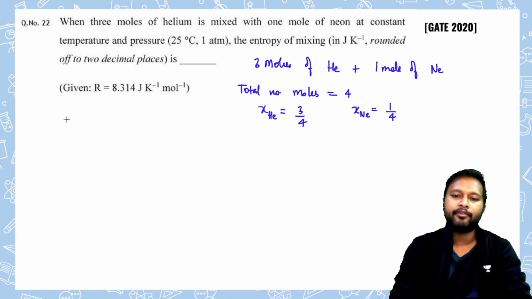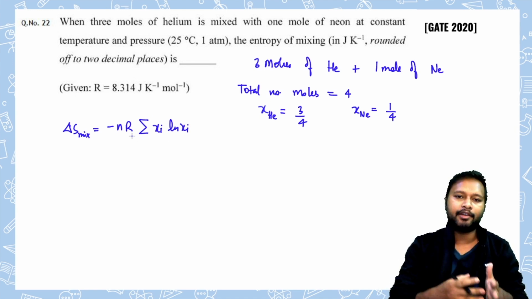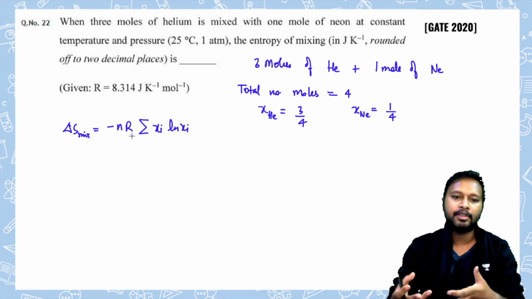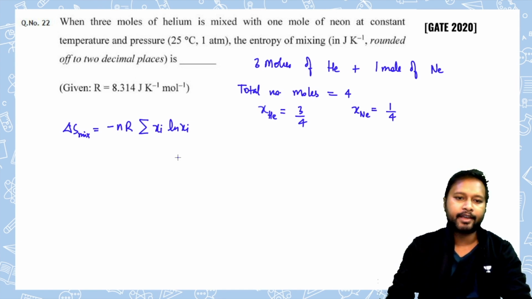Now if you put it in the formula to calculate entropy of mixing, that goes like delta S of mixing is equal to minus nR sigma xi ln xi, where xi represents the individual mole fraction of the different species which are mixed, n is the total number of moles, R is your universal gas constant.